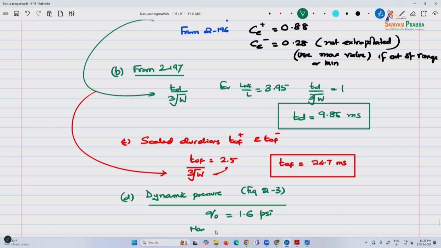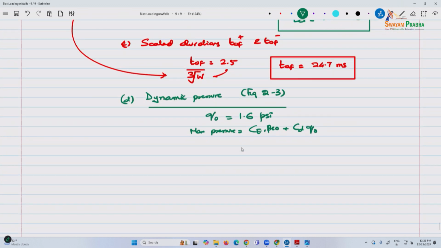So the max blast wind pressure, which is CE times PSO plus CD Q naught, is 0.88 multiplied by 9 plus, now here the drag on all is minus 0.4 multiplied by 1.6.